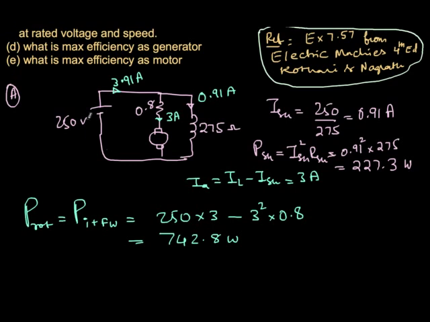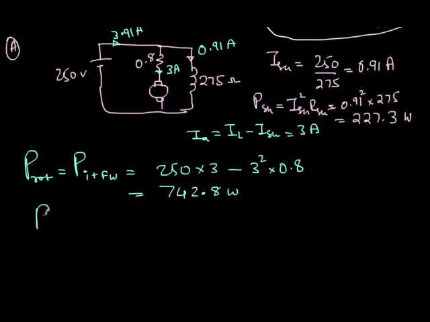So now I have the losses in the armature. Okay, so this is armature losses only this part, and this part is the total losses. So from this I can also know what is the constant losses. So what are the constant losses?